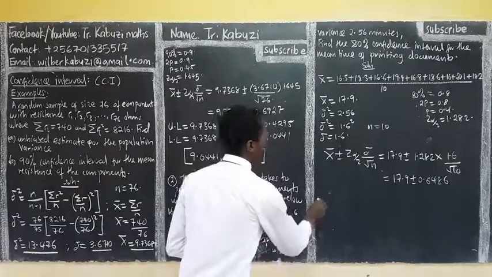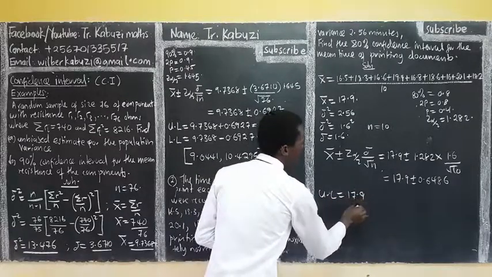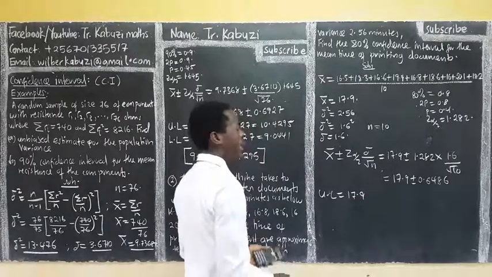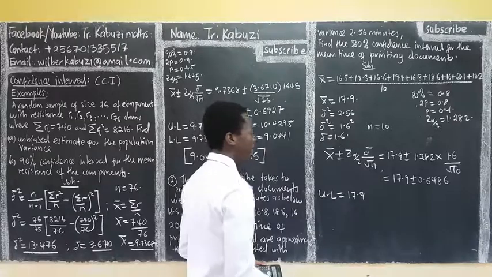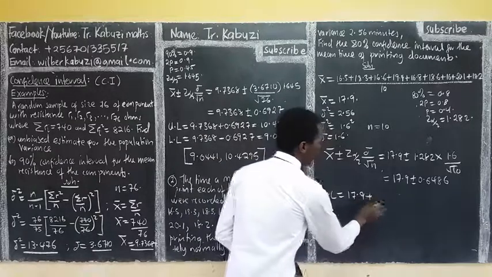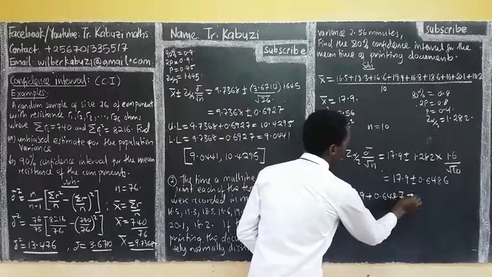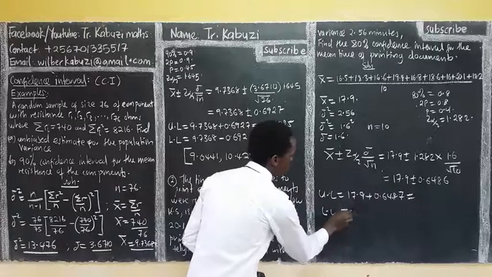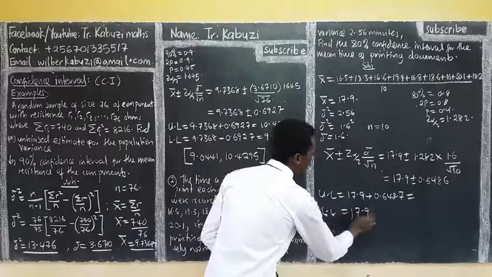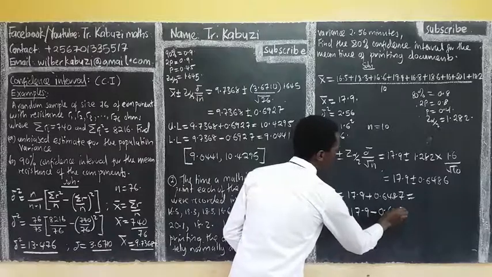So from there, my upper limit will be 17.9 plus 0.6486. You can also put it directly into the confidence interval, but for formality I write it out so that people don't get confused. Then for our lower limit we take 17.9 minus 0.6486.